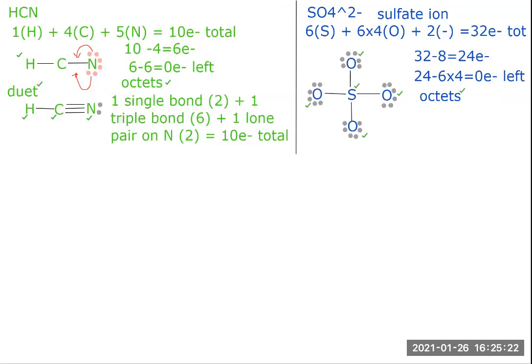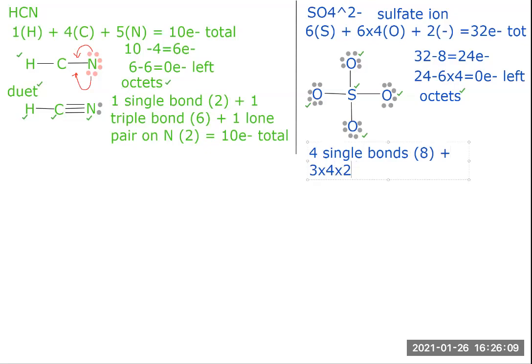The second thing you want to verify is that the total number of valence electrons in the structure corresponds to 32, like what you should have. So let's count that and let's write it. We have 4 single bonds, 2 electrons each. So that's 8 electrons. Plus, if we count the lone pairs, there are 3 lone pairs per oxygen, and there are 4 oxygen. So 3 times 4, 12, and times 2, because there are 2 electrons per lone pair.